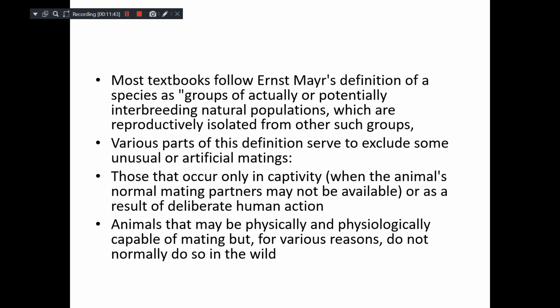A golden retriever is a very big dog, whereas Chihuahua is another breed of dog which is very small. Actually, a golden retriever will not be able to mate with a Chihuahua. Physically they can, physiologically they are capable, but because of the size class differences they cannot mate.